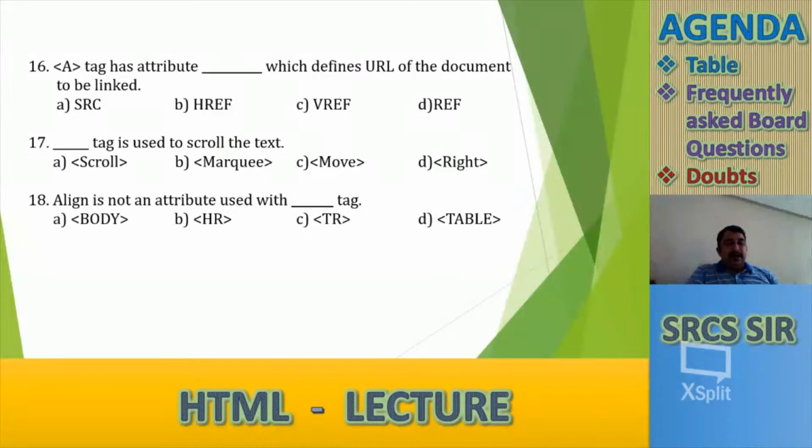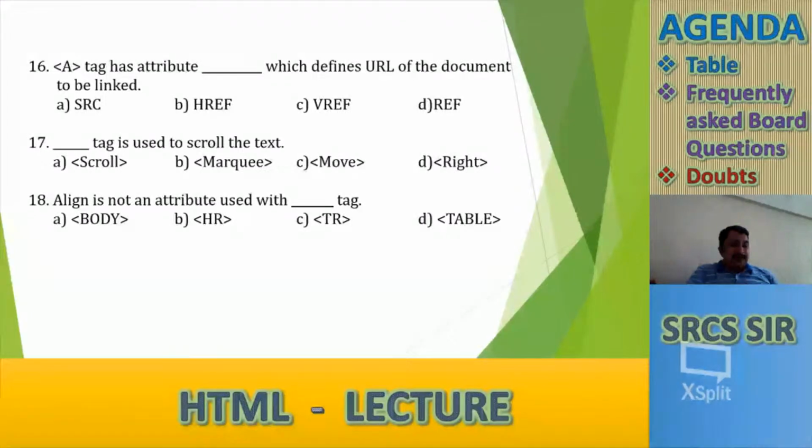The tags are body, HR, TR, and table. Align is not an attribute for these. Body, very good.